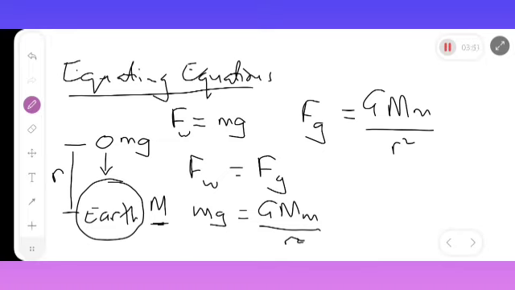From this equation we can easily see that we have equated these two equations.